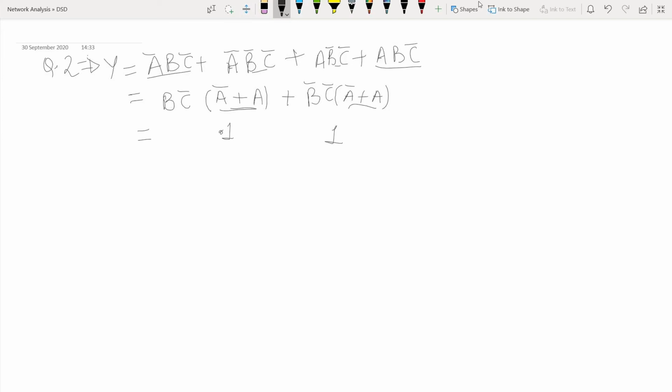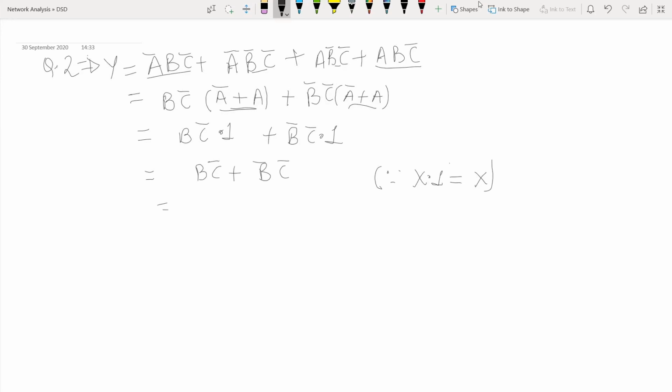So this is 1 dot BC bar plus B bar C bar dot 1. We also know that according to AND law, x dot 1 is equal to x. So BC bar dot 1 is BC bar, plus B bar C bar.